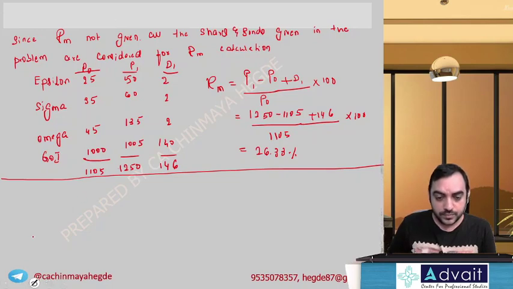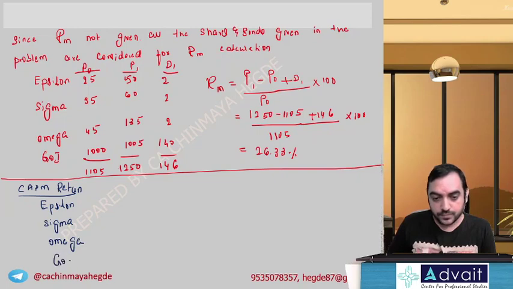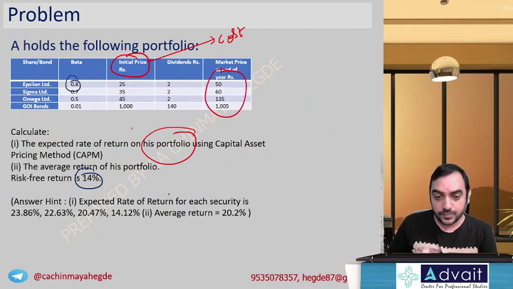So CAPM return for the portfolio, one by one: Epsilon, Sigma, Omega, and GOI. RF is given, 14%, plus RM we got 26.33 minus 14, multiplied by beta values 0.8, 0.7, 0.5, 0.01.